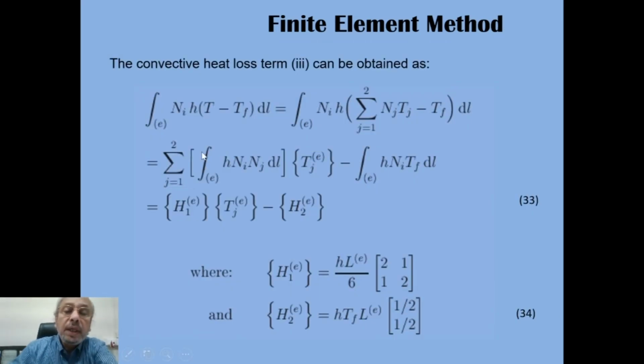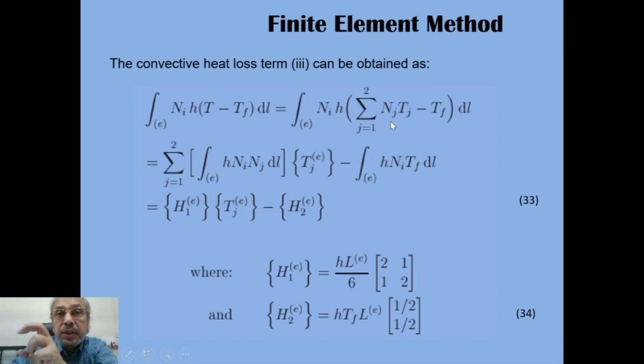Now we integrate the third term, which is the convective heat loss. So we have written here Ni shape function, h into (T minus Tf) dl, where h is the heat transfer coefficient and Tf is the ambient temperature. Here again T is substituted by the summation of Nj Tj, where Nj is the shape function.